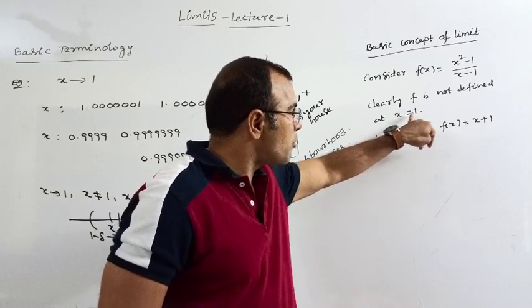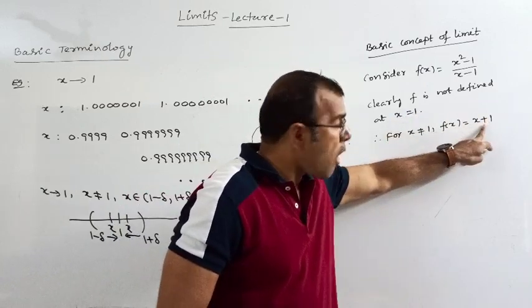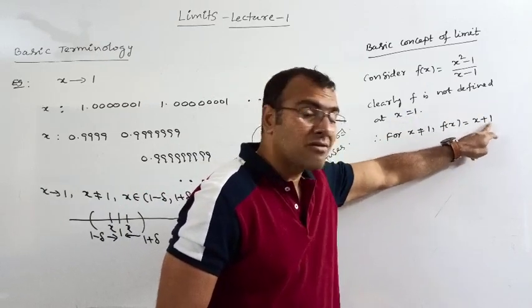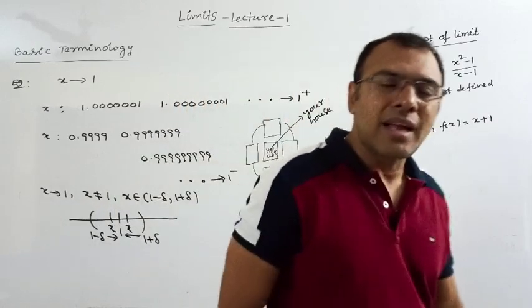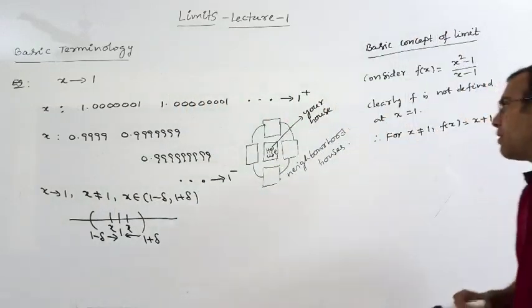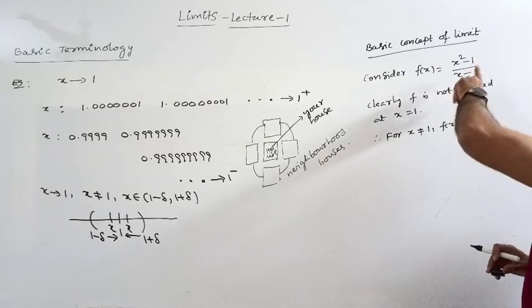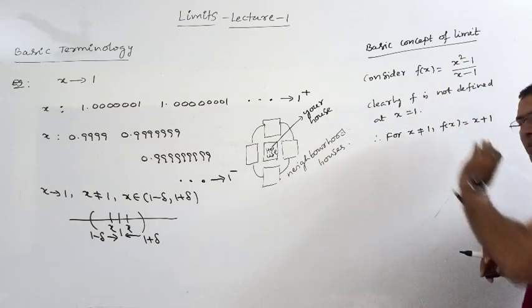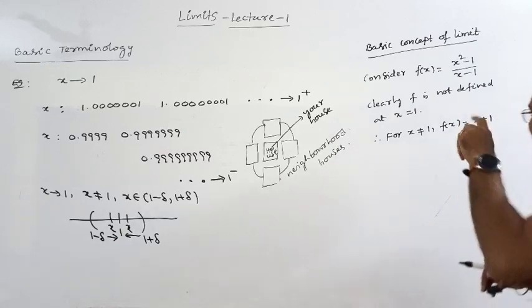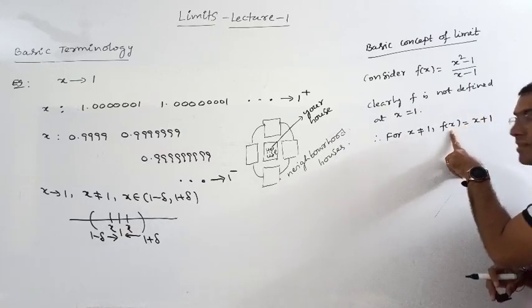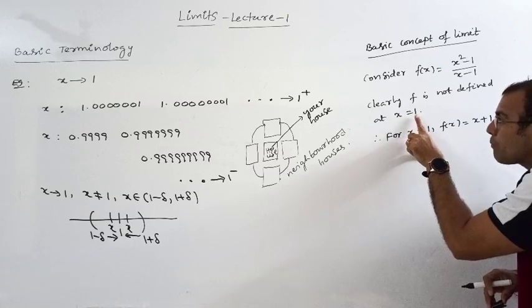If x approaches 1, to what value will x plus 1 approach? Even though the function is not defined at 1, what will be the values of the function when x approaches 1?